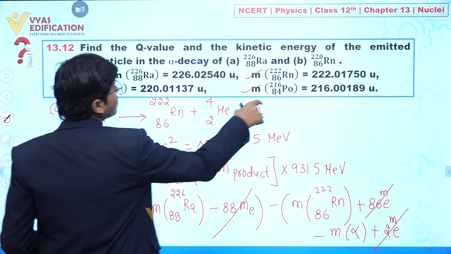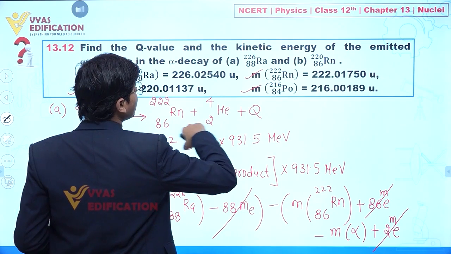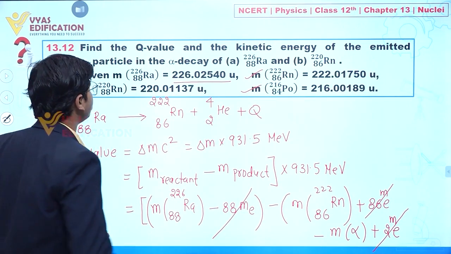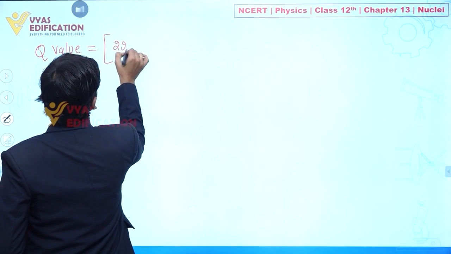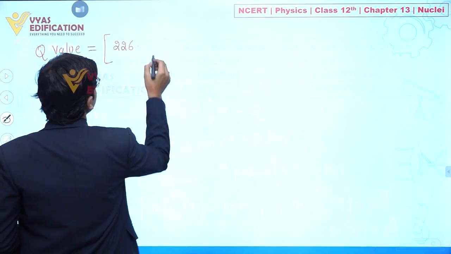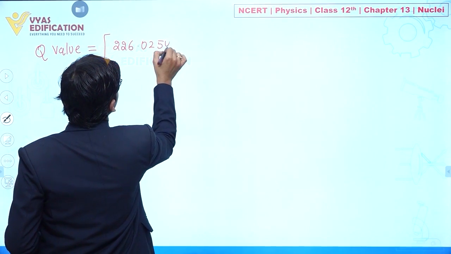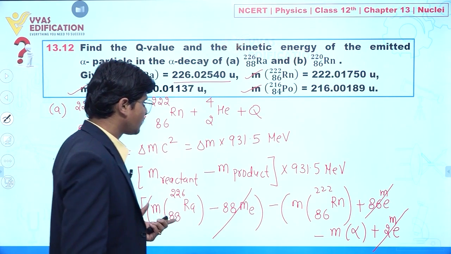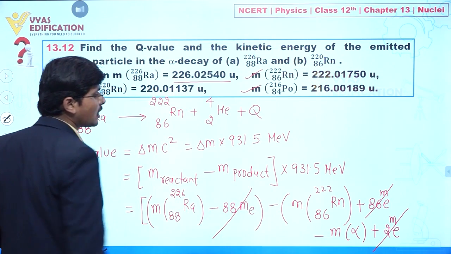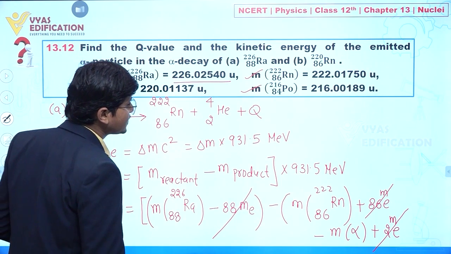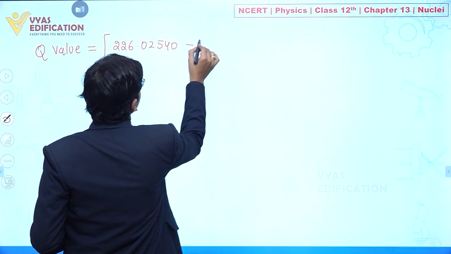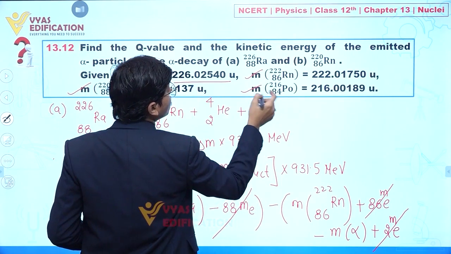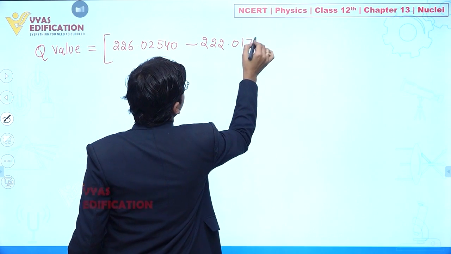The mass of radium is given to you as 226.02540. Clear? Then we have minus the mass of radon 222, which is 222.01750.